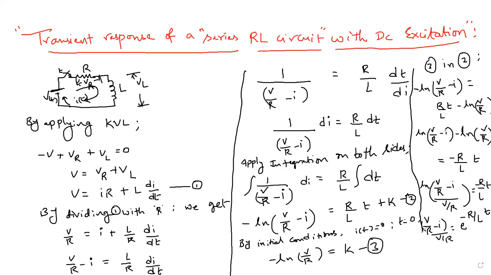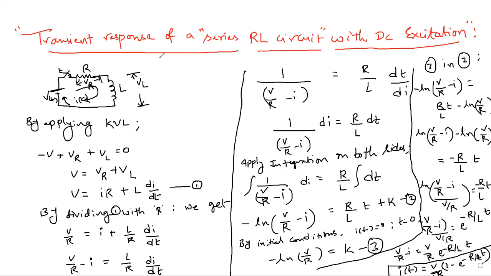Now, from this, will you just simplify and calculate I of t? That is V by R minus I equals V by R e power minus R by L into T. So from this I of t is equal to, what is the final expression? If you keep V by R on the right hand side, taking V by R as common, shall I write 1 minus e power minus R by L into T. This is your final expression.